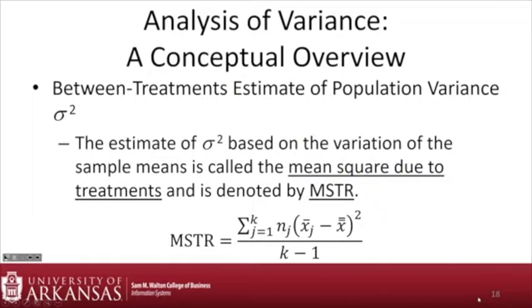Are you going to need to know this math? No. But the big picture behind this analysis of variance is we're looking for, and I'm going to use this word very loosely, the between treatments estimate. So it's an analysis of variance. This is the part that everybody's like, we're doing this analysis of variance to test the difference between means.